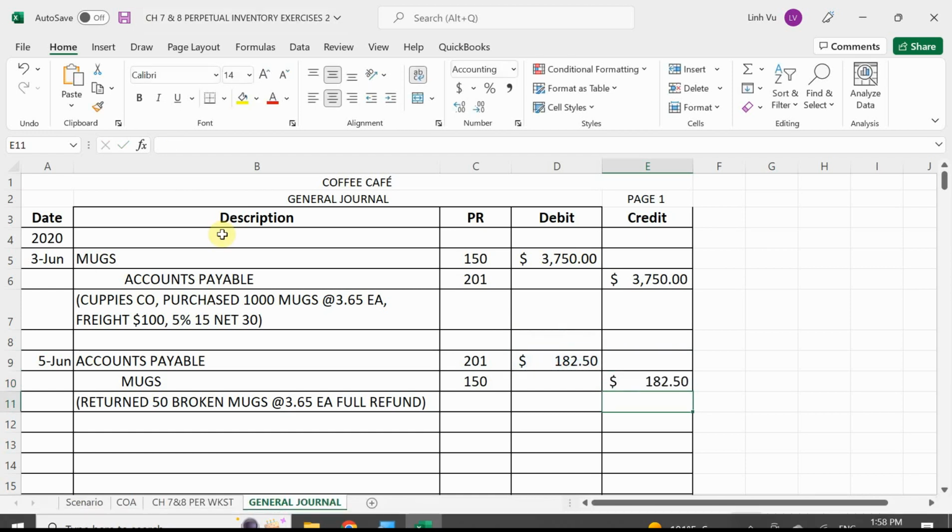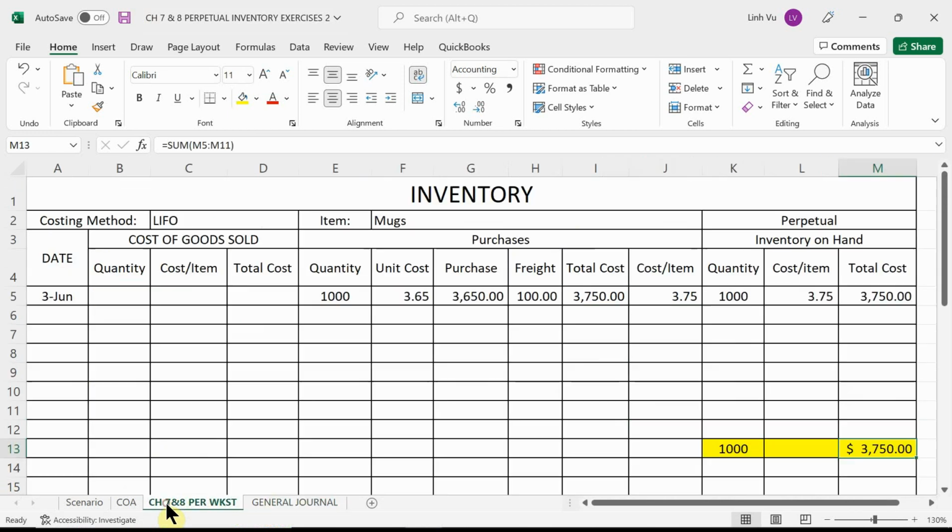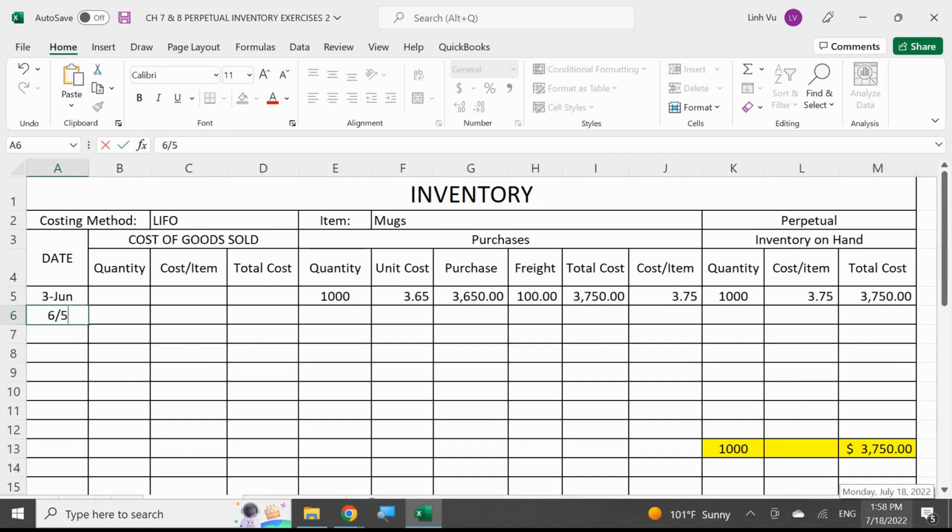I'm good to go there. So I need to go ahead and take it out from my actual inventory. Now, question is, how do I take out my inventory? Well, in this case, I am actually subtracting 50 units, and it costs me $3.65 each.